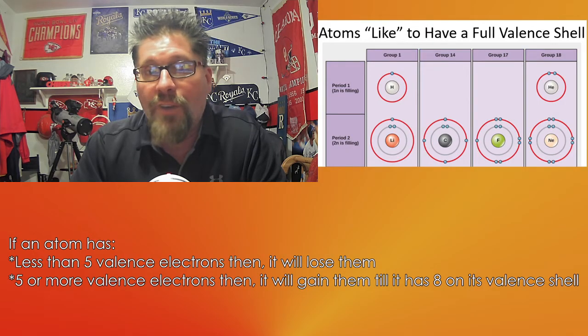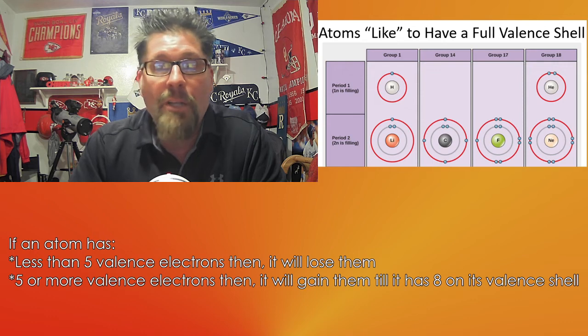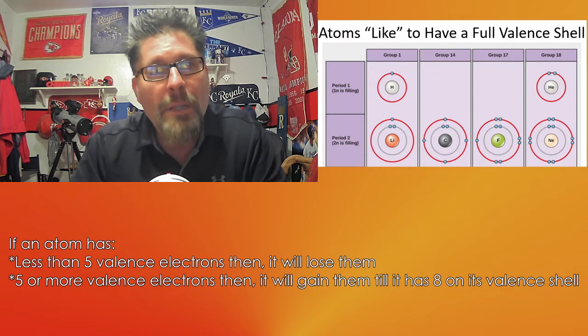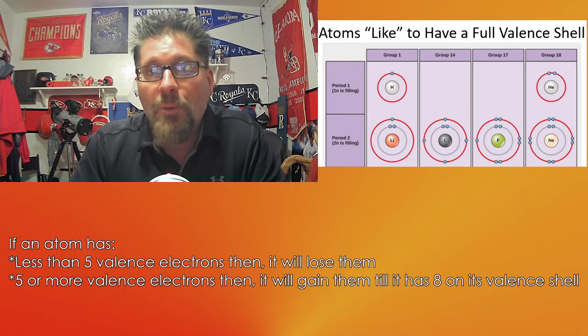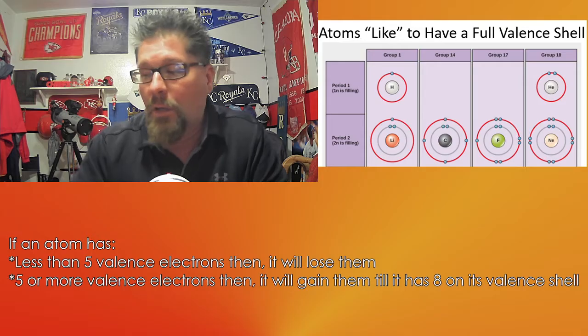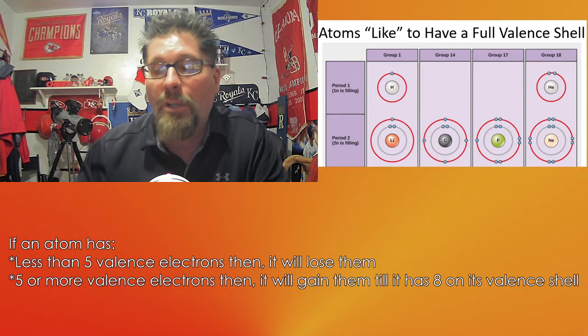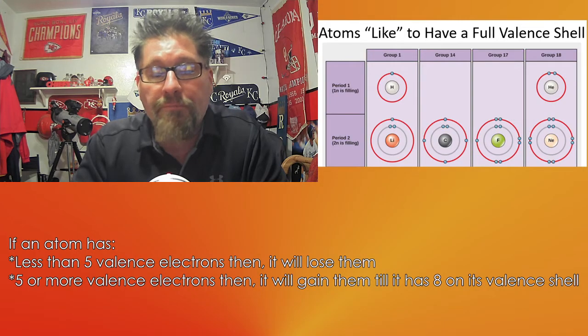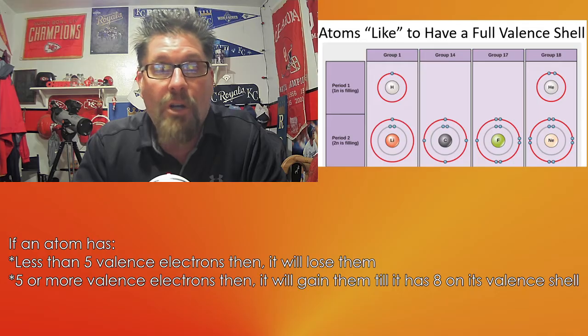If it has 5 or more, it typically gains electrons to fill its outer shell. That's not always the case, as when we look at carbon in chapter 3, we'll see that a bunch. But if you're looking at an atom and getting a general sense of whether it is going to gain electrons or lose electrons, 5 is kind of that number.